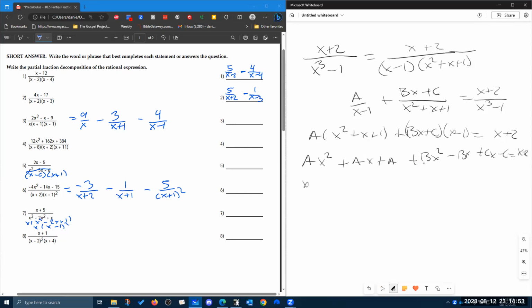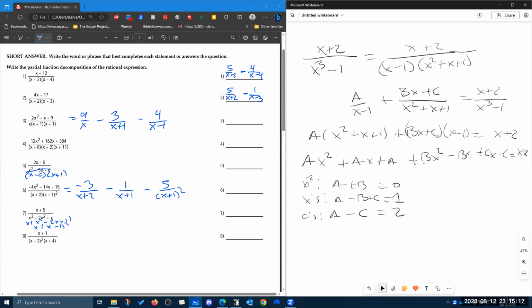So for my x squareds, I have A plus B equals 0. For my x's, I have A minus B plus C equals 1. And for my constants, I have A minus C is equal to 2.